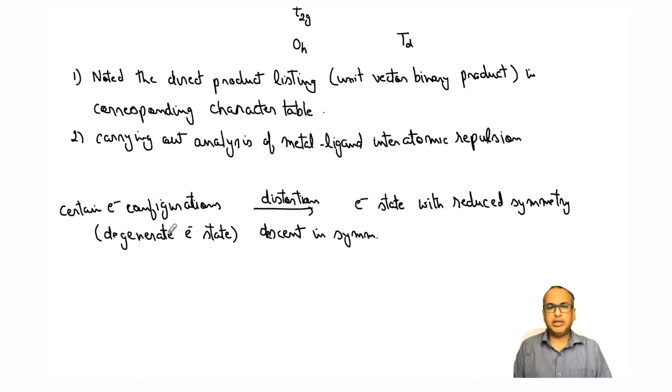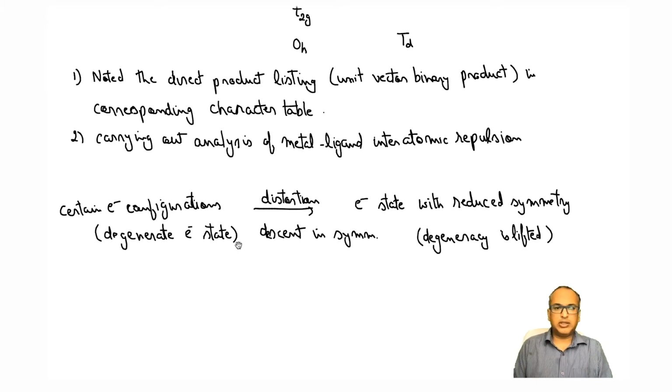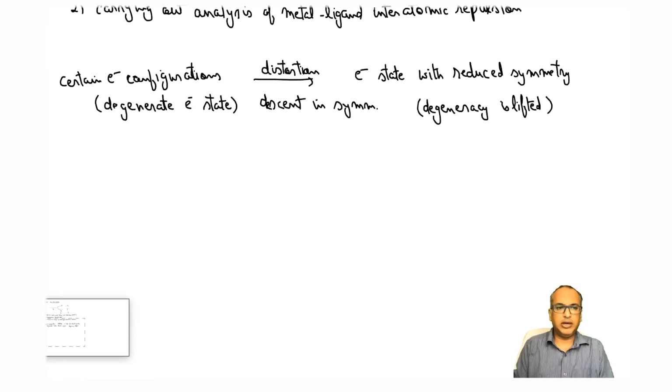And whenever there is a descent in symmetry, we have seen that in some cases a degenerate state can undergo combination of non-degenerate states. So in other words, degeneracy is lifted, right? So one such distortion is called Jahn-Teller distortion.